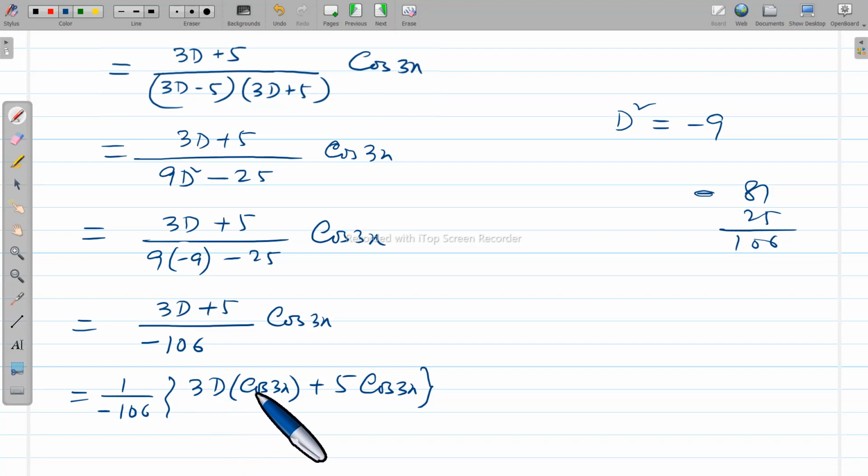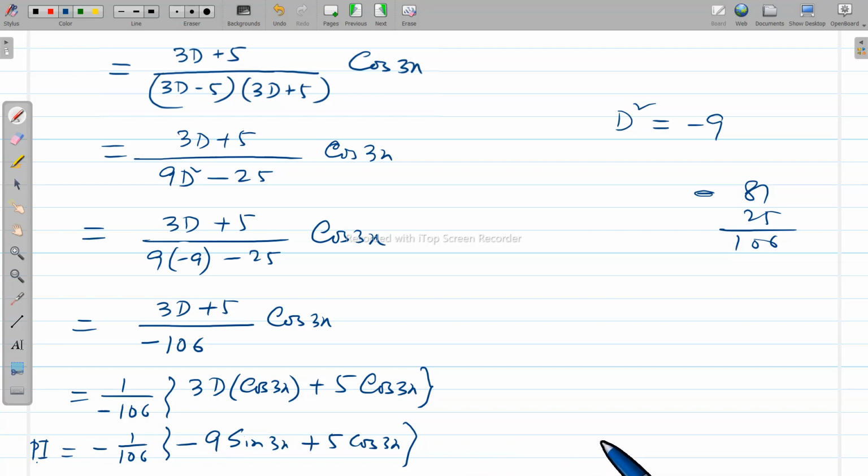Now differentiate cos 3x. So it is coming minus 106. Derivative of cos 3x means minus 3 sine 3x; another 3 is already available. So minus 9 sine 3x plus 5 cos 3x. So this is your PI. Is it clear to all of you?